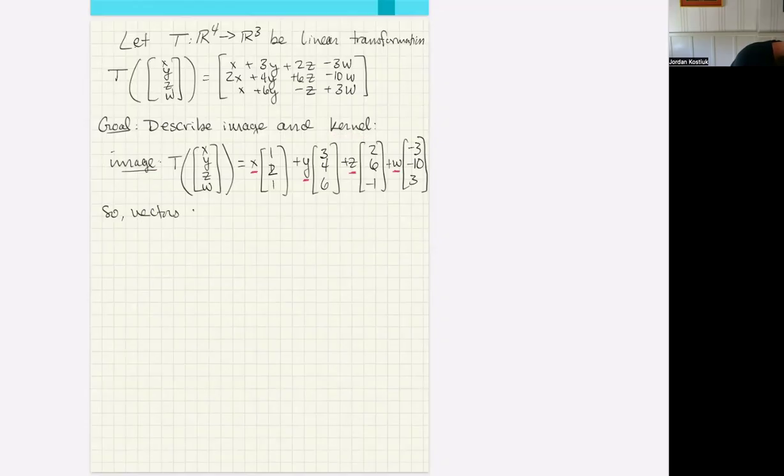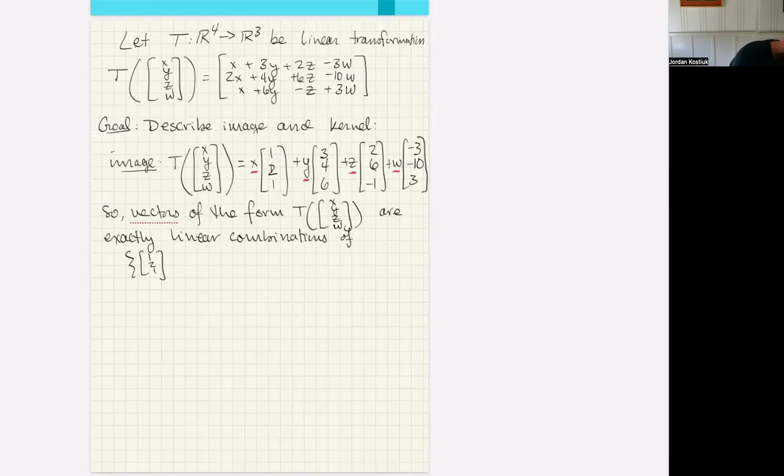So in other words, vectors of the form T of (x, y, z, w) are exactly linear combinations of these vectors here.